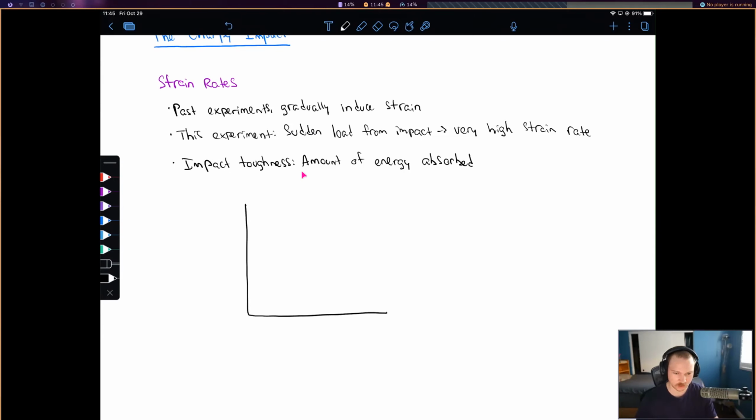Okay, so we have a stress strain curve here. We have strain on the x-axis, stress on the y-axis. We have three different materials, and to calculate toughness from a stress strain curve, all you have to do is calculate the area under the curve.